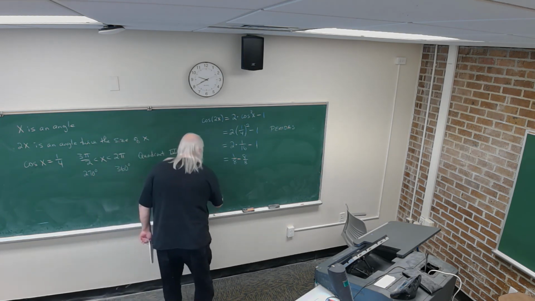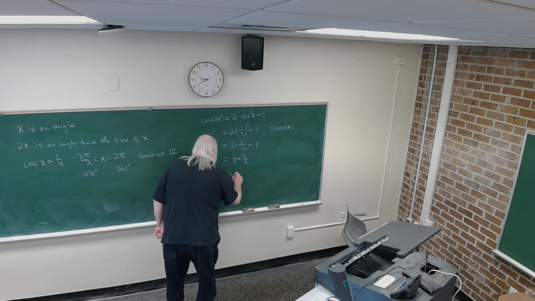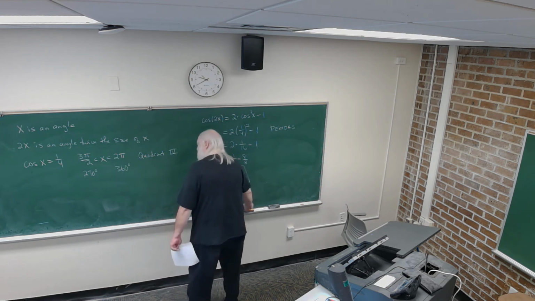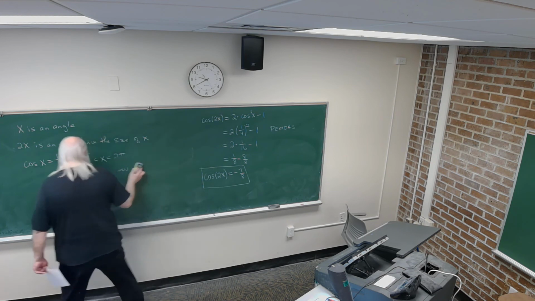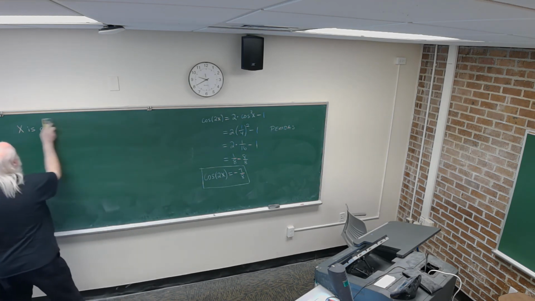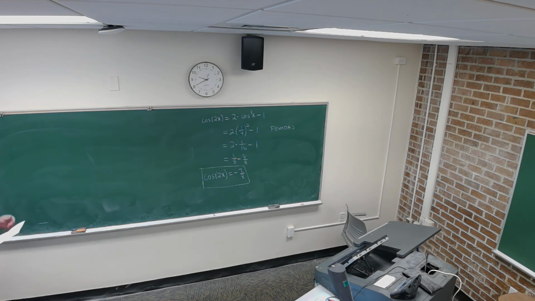And so the cosine of 2x is equal to minus 7/8. That's the easy part.